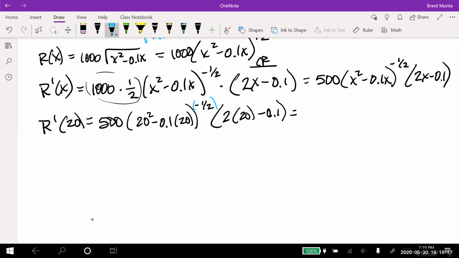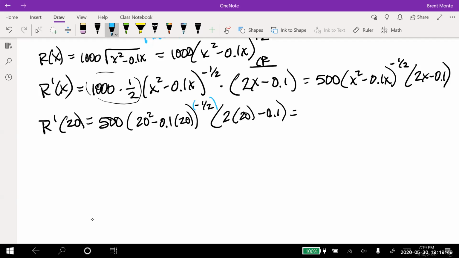So 500 parentheses, 20, and then the squared button, minus 0.1 times 20, close the parentheses, raise to the power, and I have to put parentheses, -1 divided by 2, close parentheses. There's my exponent. And then again, another parentheses for times, 2 times 20 minus 0.1. And you can close parentheses or not, it does not care.